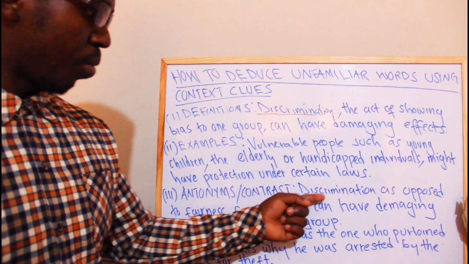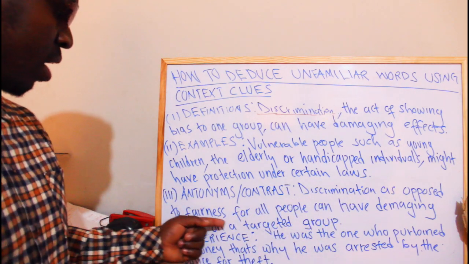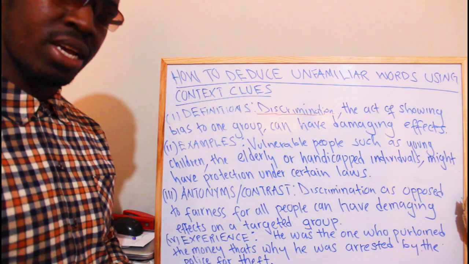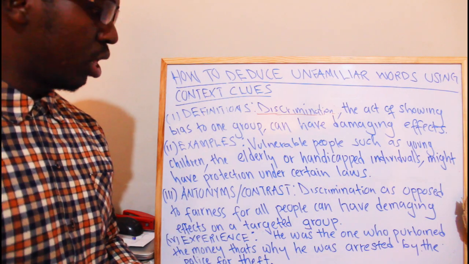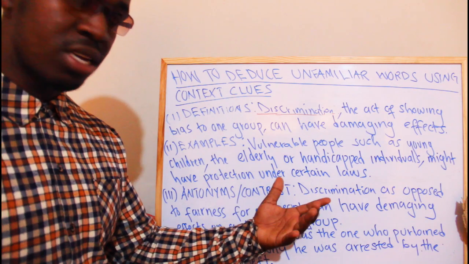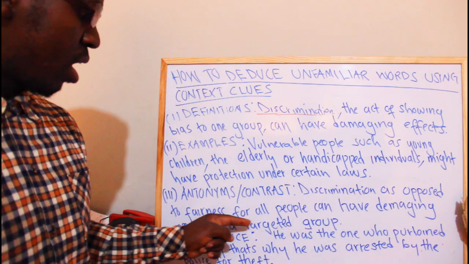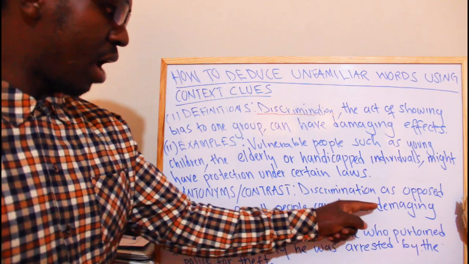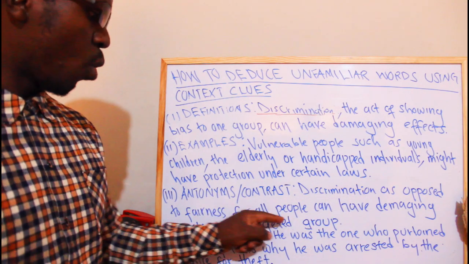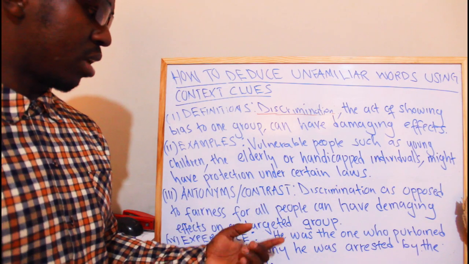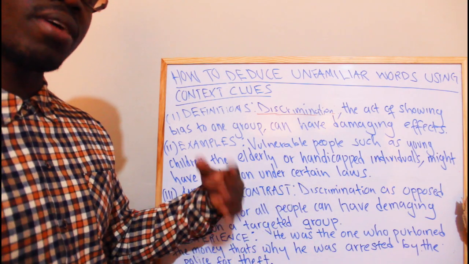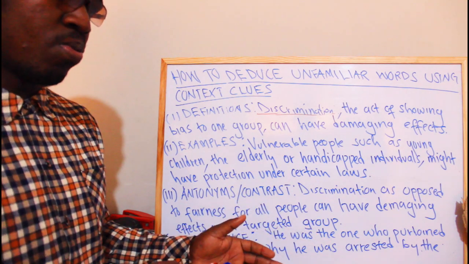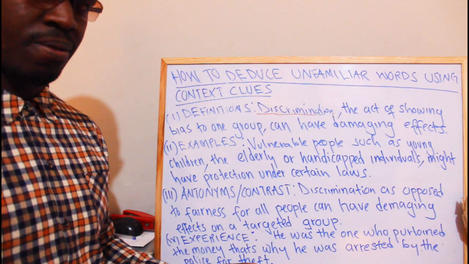Look, discrimination as opposed to fairness for all people can have damaging effects on a targeted group. So we have discrimination being mentioned as opposed to fairness for all people, meaning the moment we read as opposed to fairness for all people, we discover that discrimination is actually unfair treatment, treating others or a particular group specially over the other.